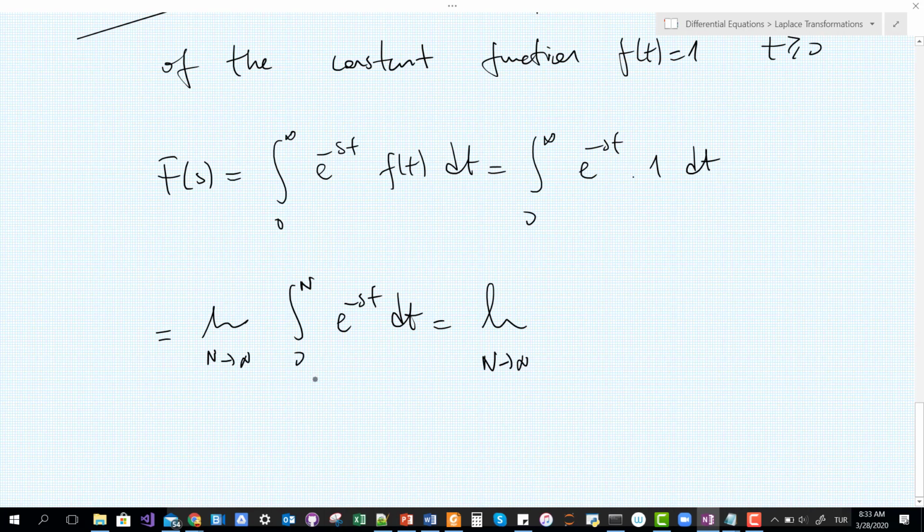I need to take the integral first, as we mentioned before, right? What is the integral of e to the negative st? It is e to the negative st over negative s, and my bounds are still there.